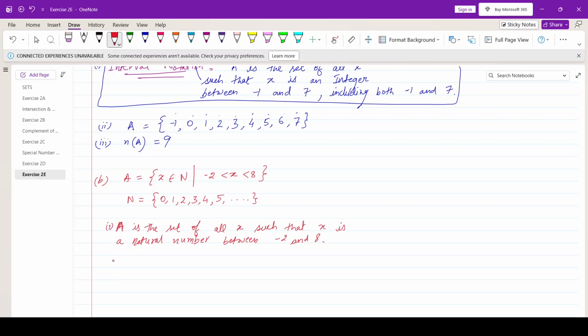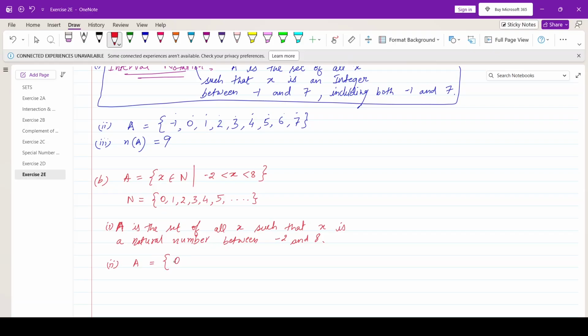Therefore, this is part 1. For part 2, we need to list the elements in A. So, the elements of A will be a subset from N that will be between -2 and 8. Therefore, N starts from 0.